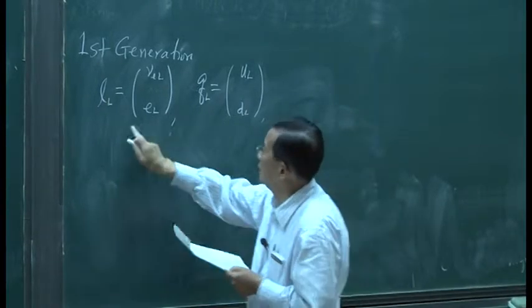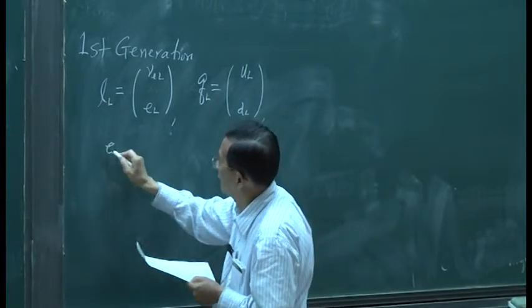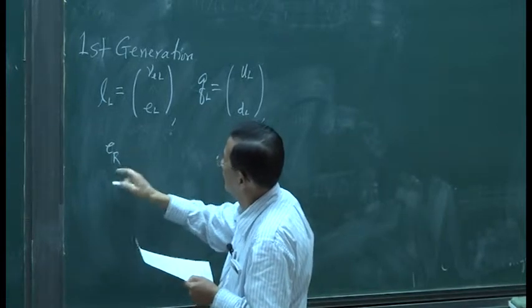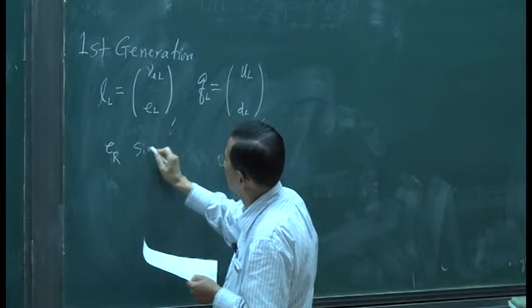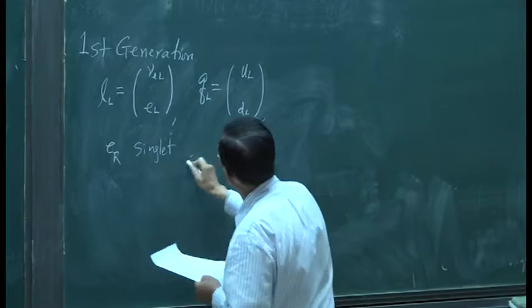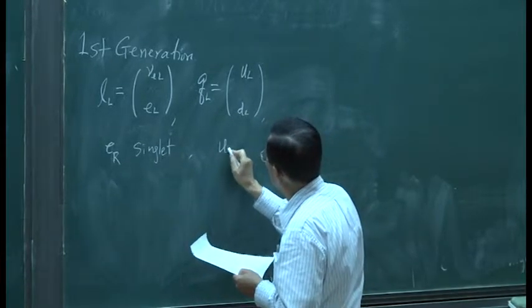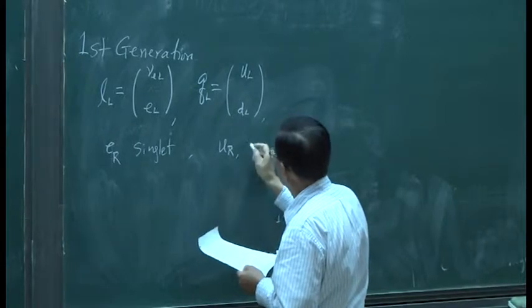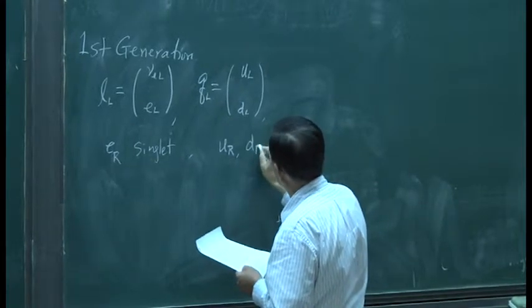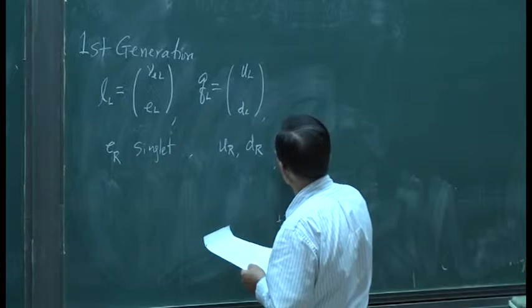And then here, in addition, we have right-handed electrons, and this is a singlet in the SU2. And here we have two of them, UR, right-handed, and the DR. These are all singlets.